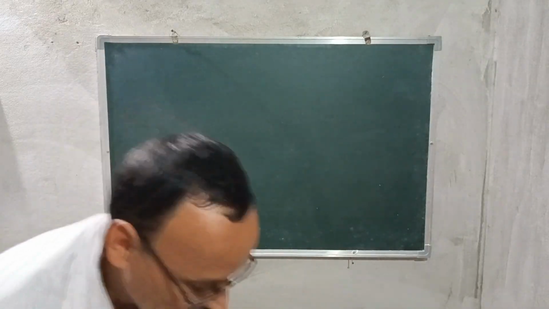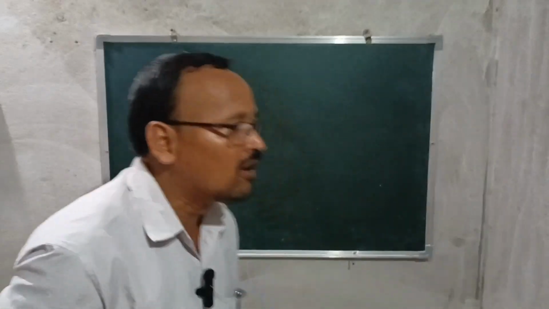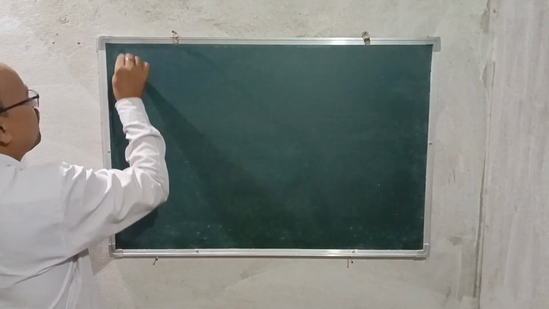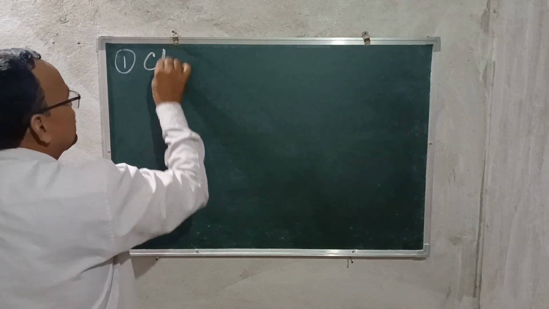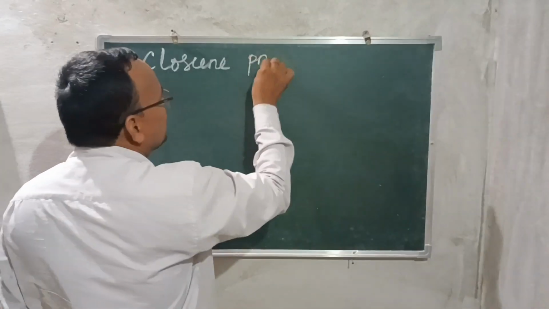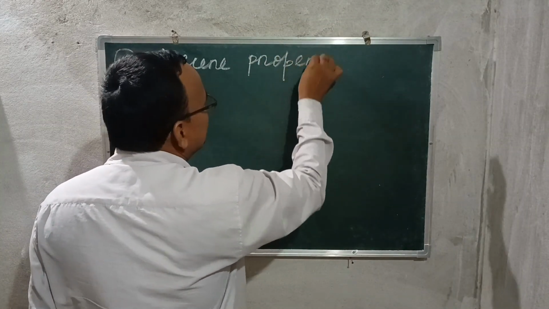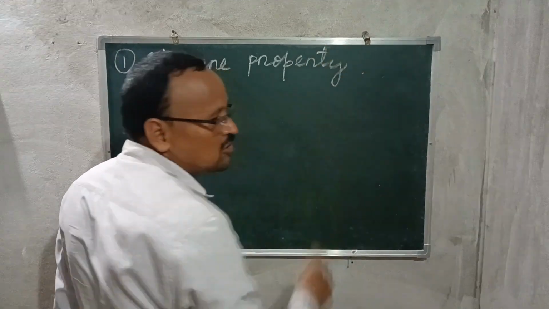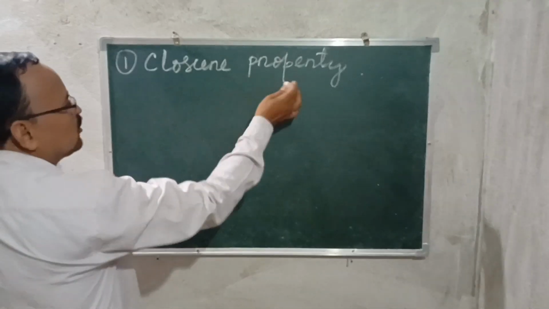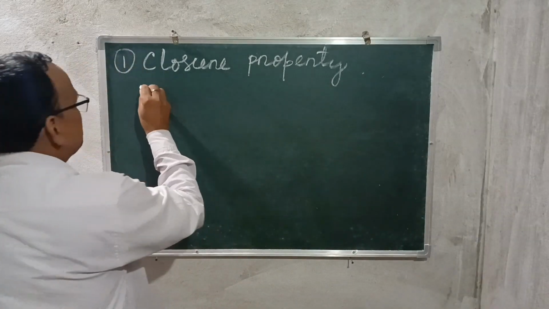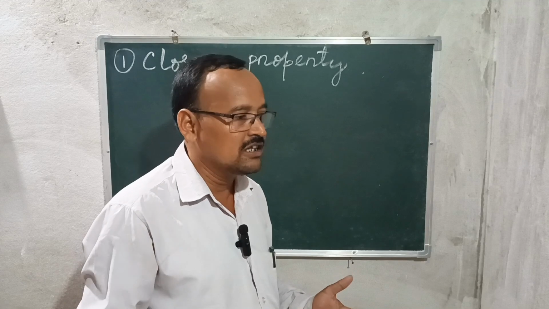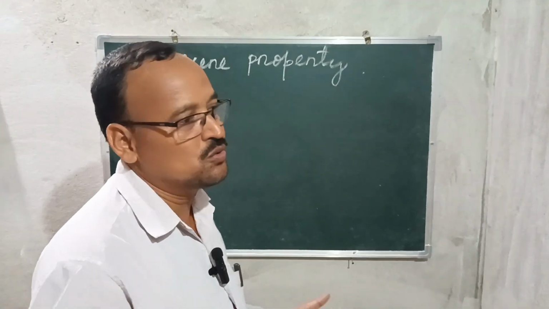The properties and laws of multiplication. Number 1, closure property. What is the closure property? This is the same as in addition, which we discussed in part 1. The product of two integers is an integer also.